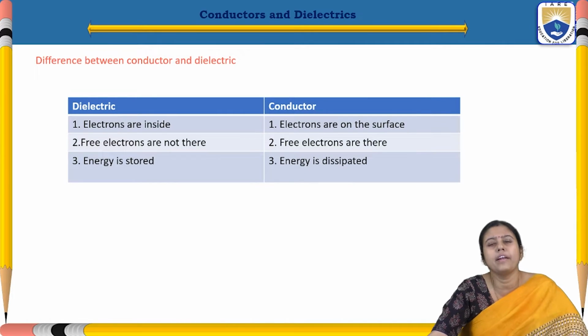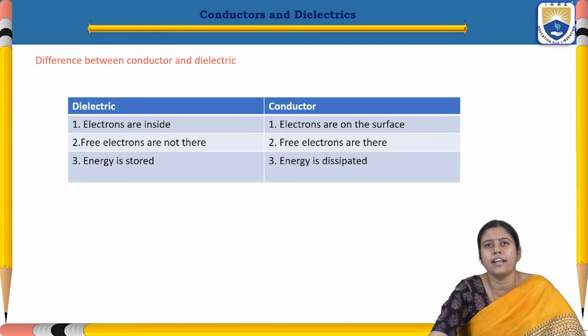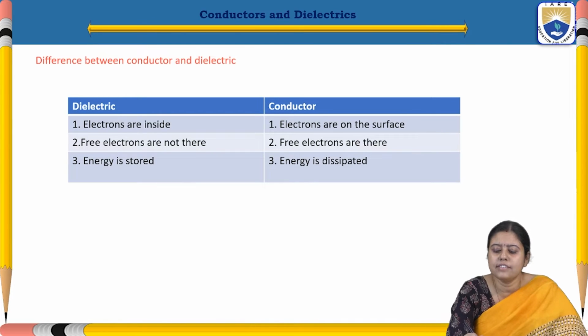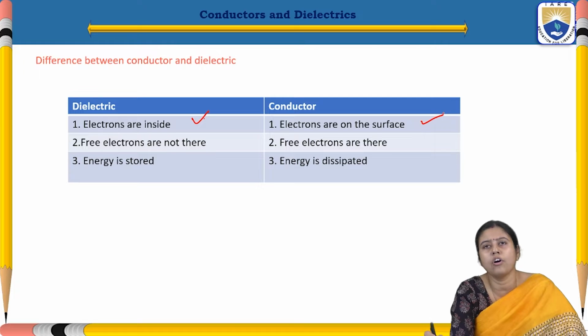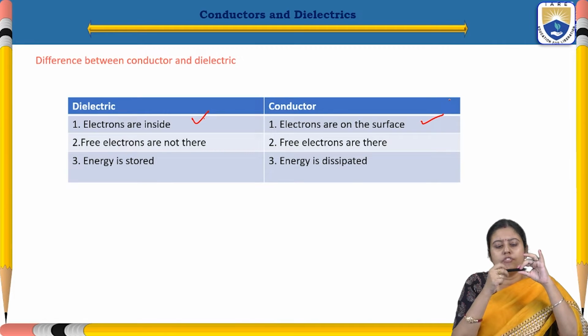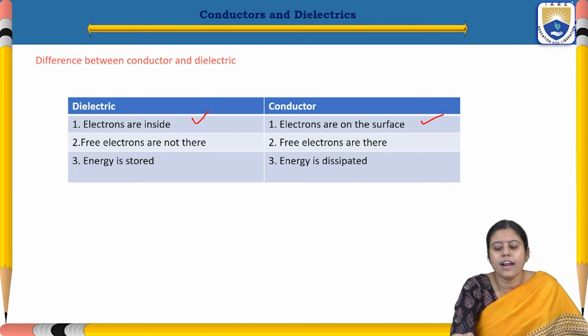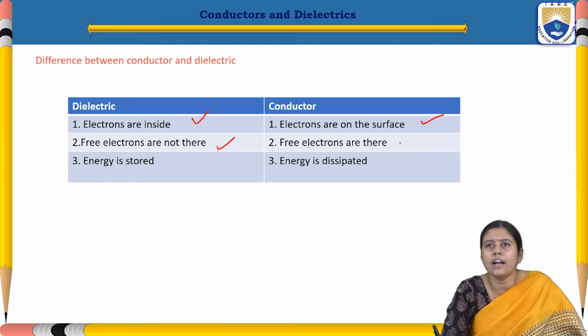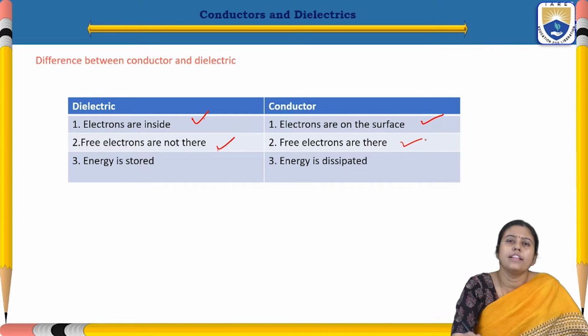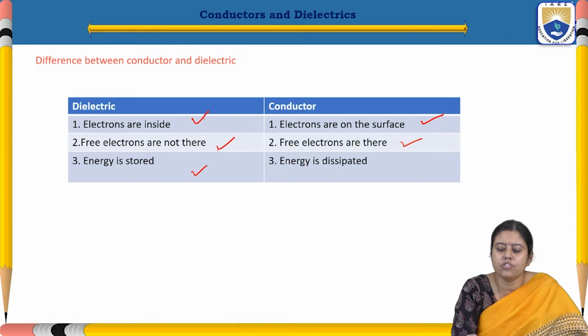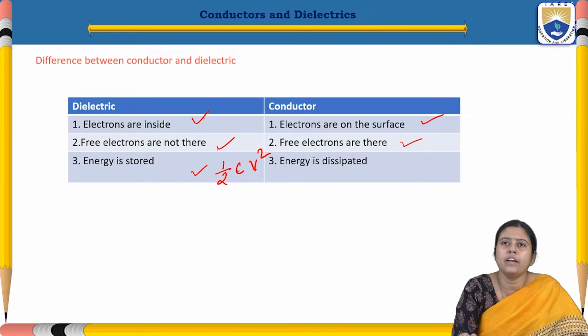So what are the main differences between a conductor and a dielectric? In a conductor, electrons are on the outer surface. In a dielectric, there are no free electrons, but in a conductor there are free electrons. In the dielectric, energy is stored, and the value of the energy is half CV squared, where C is the capacitance and V is the applied voltage.